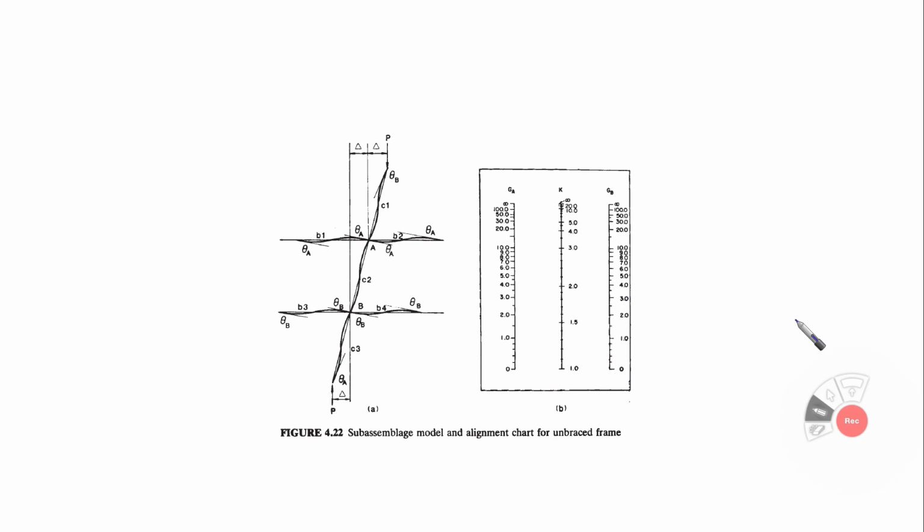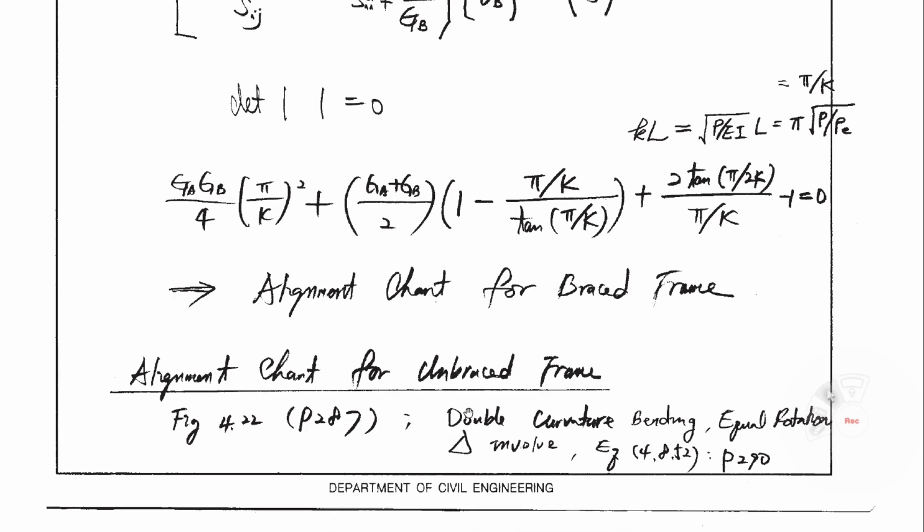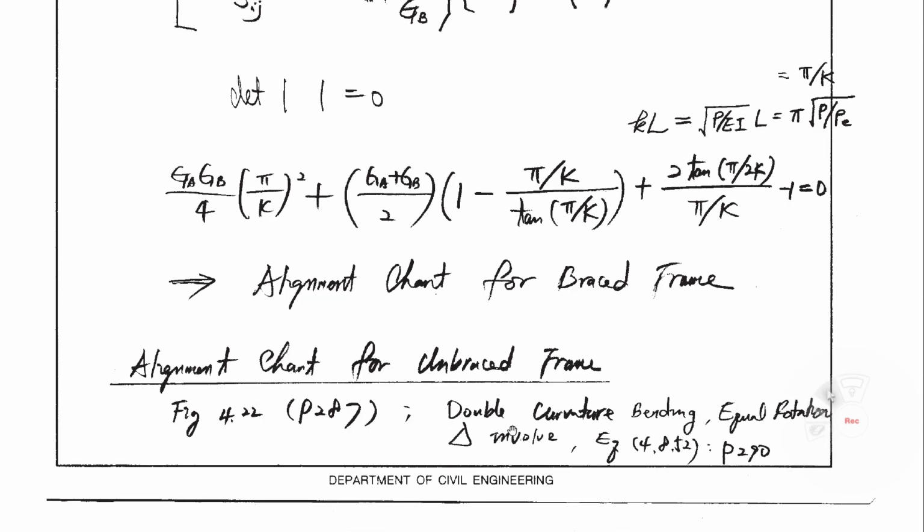Here also angle theta A, here theta A, theta B, and here theta B, something like that. The difference is that everything is clockwise, the angle. Let's go up. On the braced frame, you see the double curvature bending. This is called double curvature bending. Side sway is involved. So finally, you can get equation 4852.